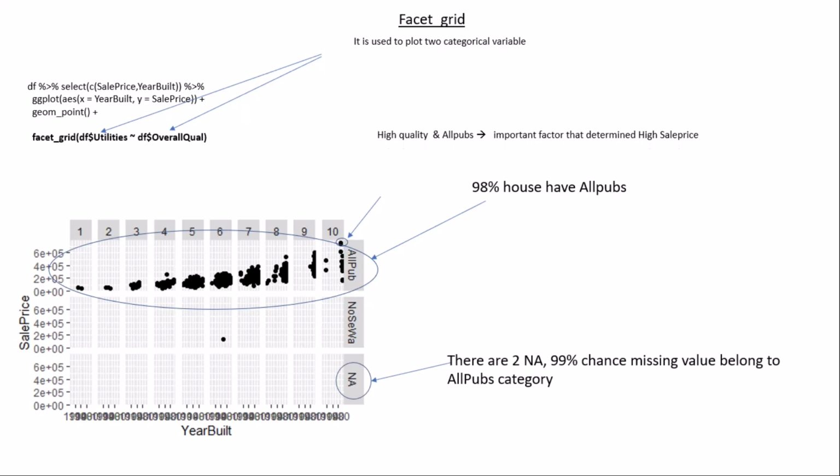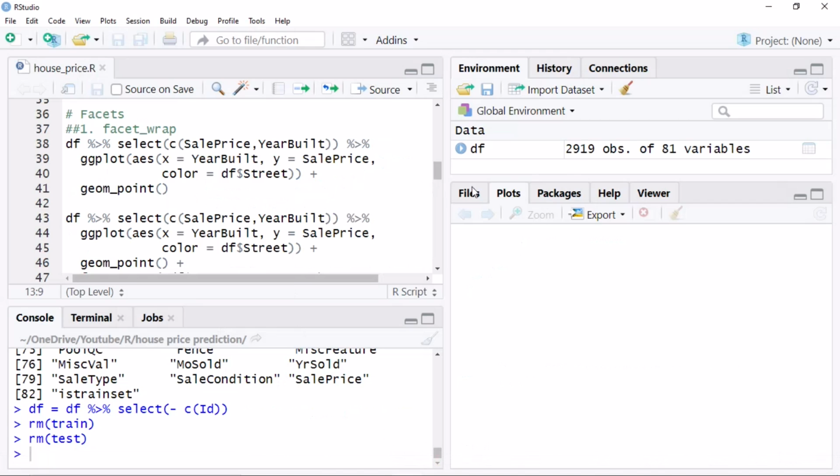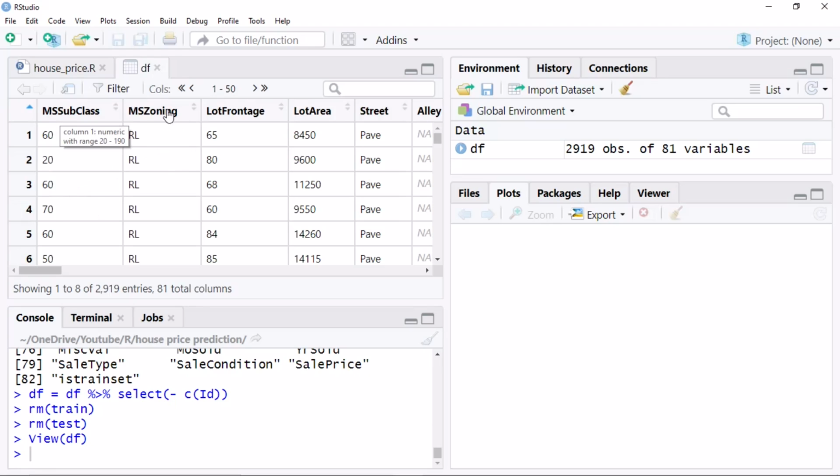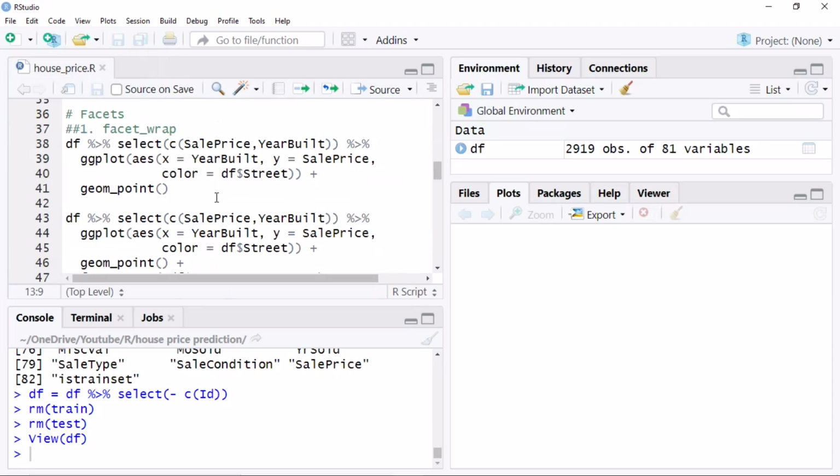All these things I will show you in R. I opened RStudio and this is our data frame. This is basically a Kaggle dataset. First, I am seeing the relationship between the two variables, year built and sale price.